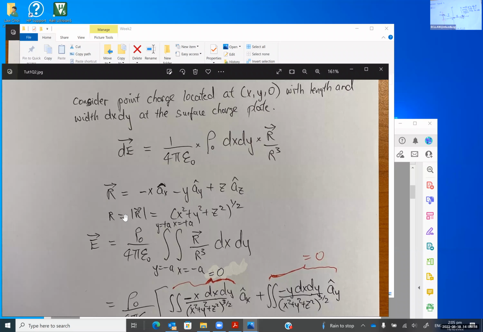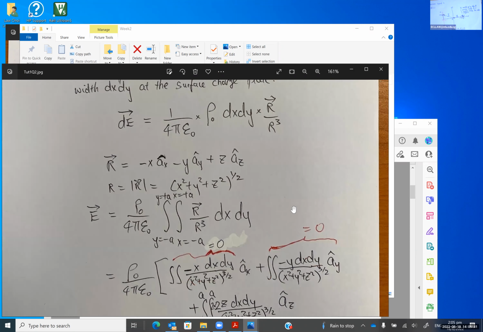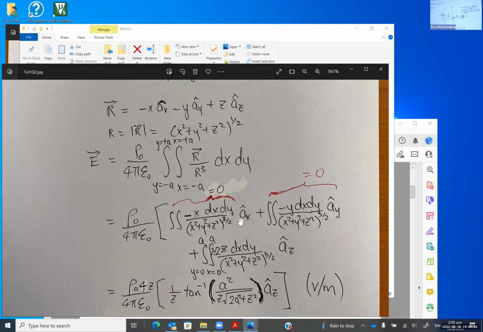Okay, so what's the magnitude? Magnitude, again, remember, is just the coefficient of each of these unit vectors squared. So I have x square plus y square plus z square, square root, right? Okay, after that, I'm going to basically put all this in here, right? Put all this in here. Okay, so you can see 1, 2, 3 after splitting it out for ax, ay, az.